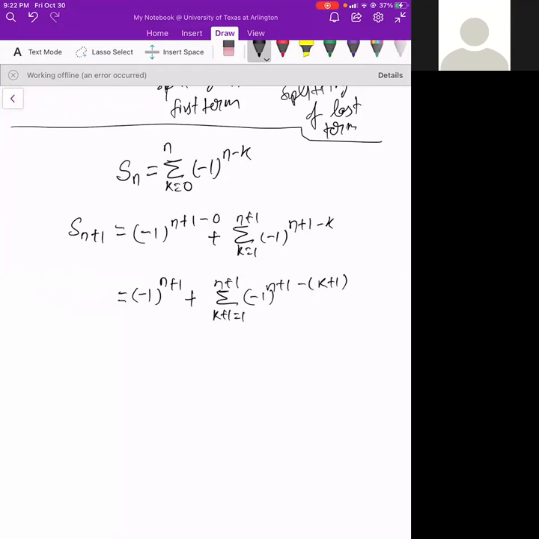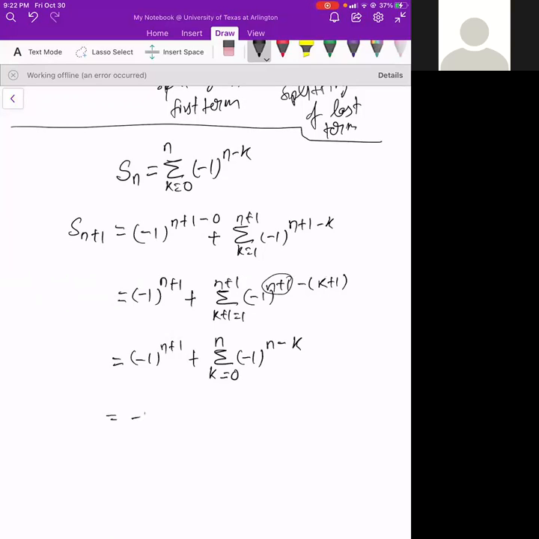That gives us the conceptual liberty to write this entire sequence as starting from k equals 0 to n of minus 1 to the power n minus k. Since this was n plus 1, over here we can write n minus k.